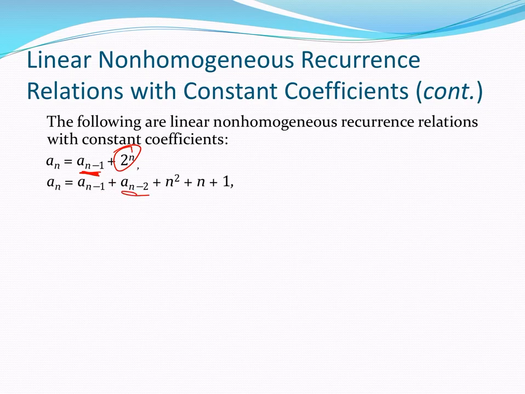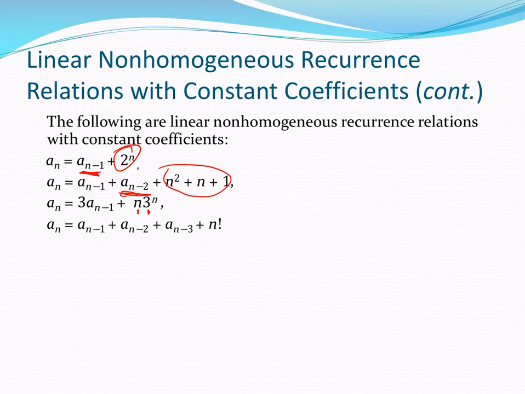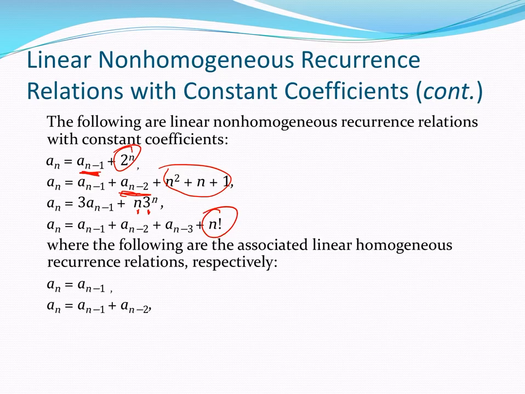Here we have a degree 2 recurrence relation with a polynomial in n as the non-homogeneous portion. Here we have a polynomial in n times an exponential in n as the non-homogeneous portion. Here my non-homogeneous portion is n factorial, but each of these has an associated linear homogeneous recurrence relation as shown.